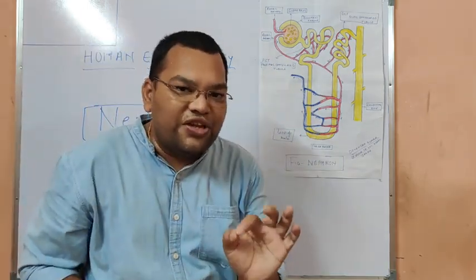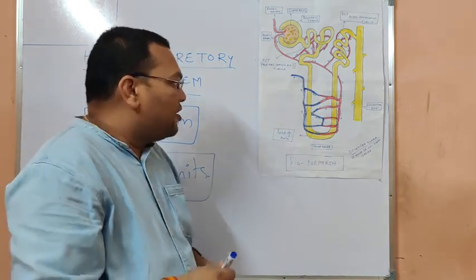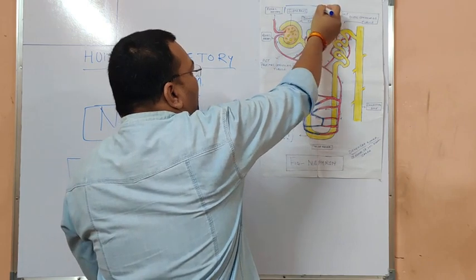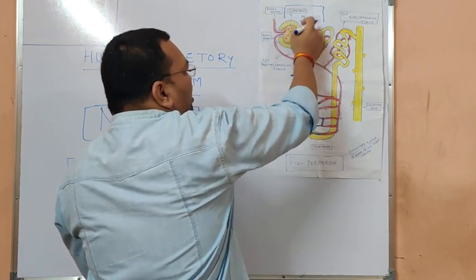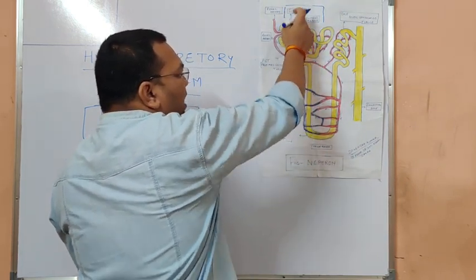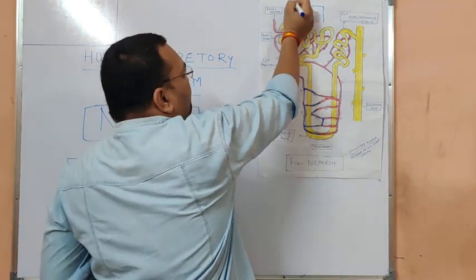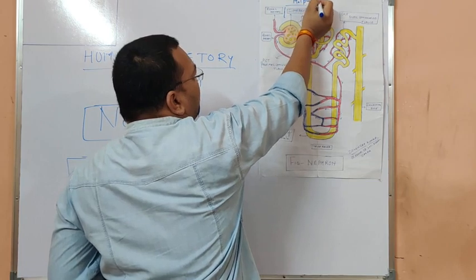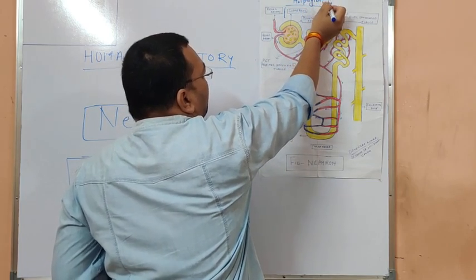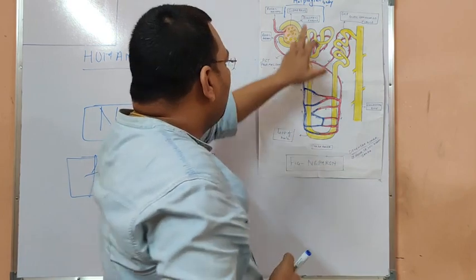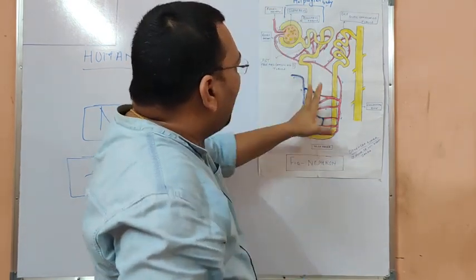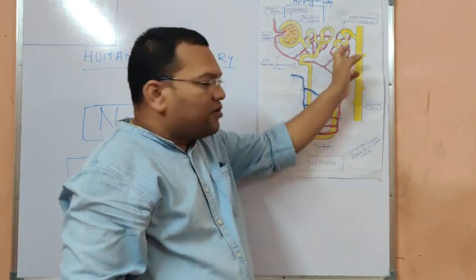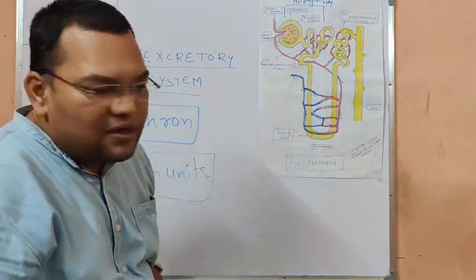One is called the Malpighian body, which covers these two things: the Bowman's capsule and the glomerulus. The other is the tubular part of the nephron.